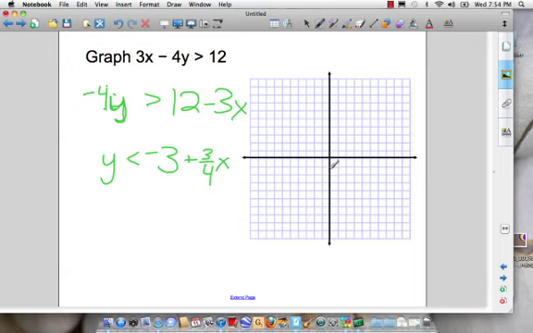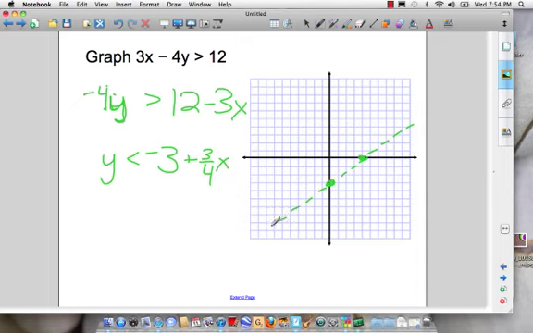And that's very similar to what I did on the previous example. So here's my y-intercept of negative 3. My slope is up 3 over 4. And then you have to be careful on this one. It says less than. It does not say less than or equal to. So the line itself is where the points would be equal, and I do not want that included in my solution.